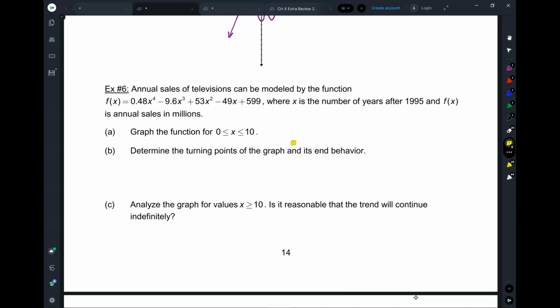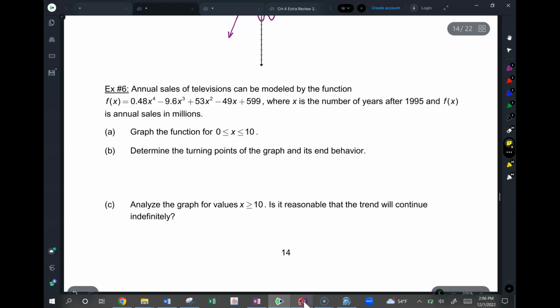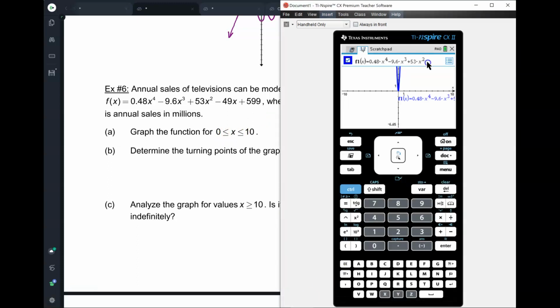All right, annual sales of televisions can be modeled by this function, where x is the number of years after 1995, and f of x is the annual sales in millions. So graph the function for 0 to 10. Go ahead and put this on your calculators, because we're not going to do it by hand.